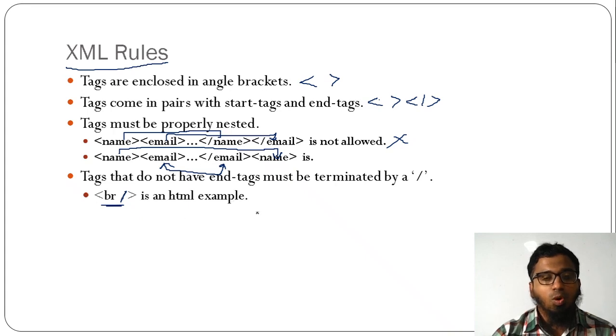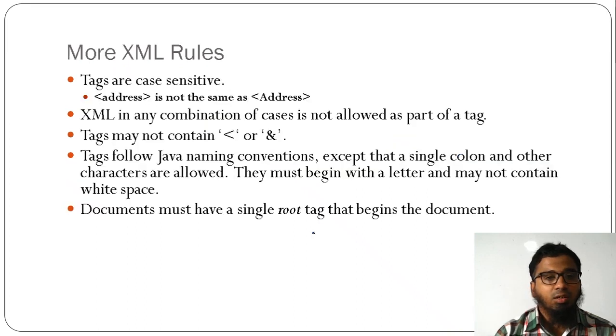So these are some of the rules. Based on this, you can create your XML tags. More rules that I will elaborate here. Tags are case sensitive. That means if you write address with a small letter, and if you close it with a capital A, this will not be allowed.